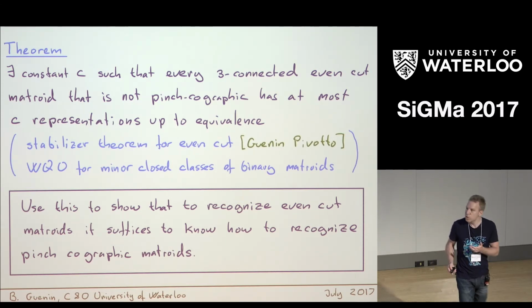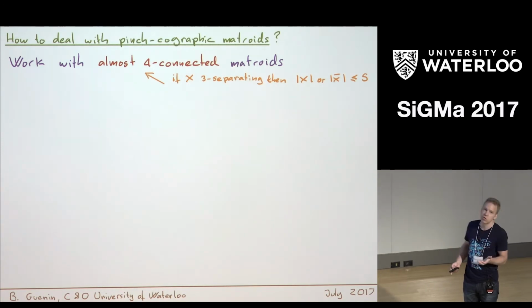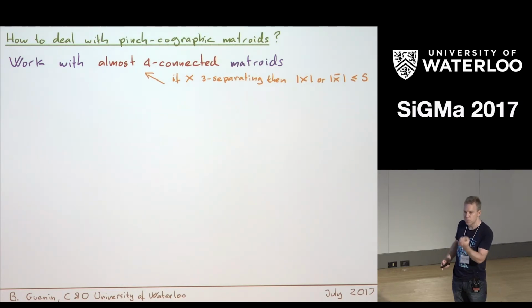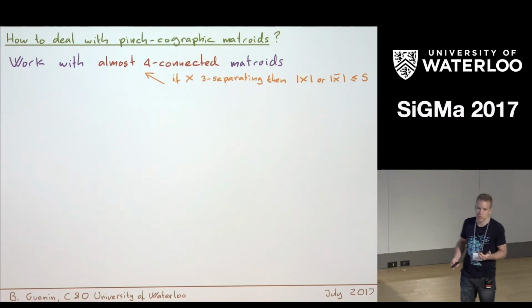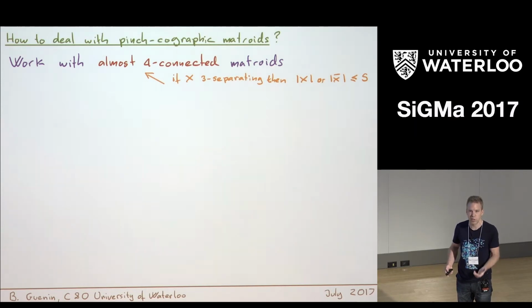So we can now move on to just pinch cographic matroids, right? So I want to recognize if a particular matroid is a pinch cographic matroid. In other words, it has a representation as a graph with at most 4 terminals. So what do we do? Well, we still have lots of representations. So the idea is that we're going to bump up the connectivity.